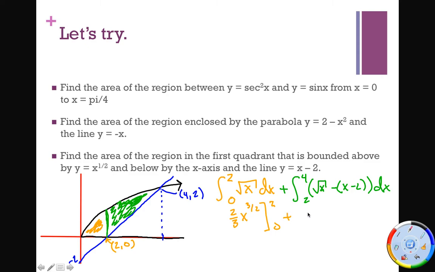And then we're going to add it to the function defined by this. Let's do this in green. 2/3 x to the 3/2 minus x squared over 2 plus, by the way, that's a minus and a minus, makes it a plus 2x, evaluated from, not from 0, from 2 to 4.